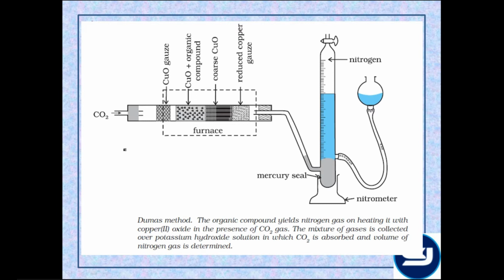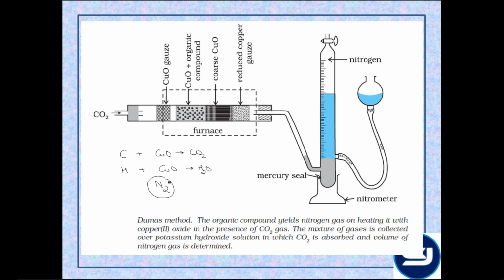So here, as we know that copper oxide would convert carbon into carbon dioxide, hydrogen would be oxidized into water, and the nitrogen present in the organic compound would be converted into N2 gas and not to its oxide.